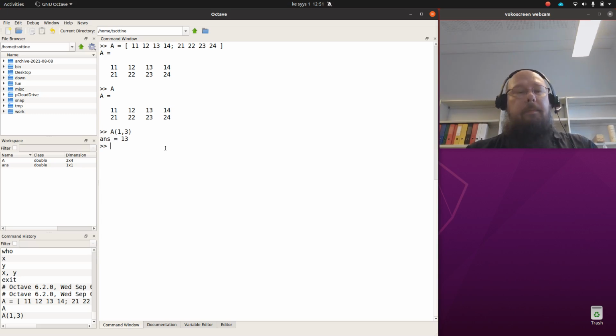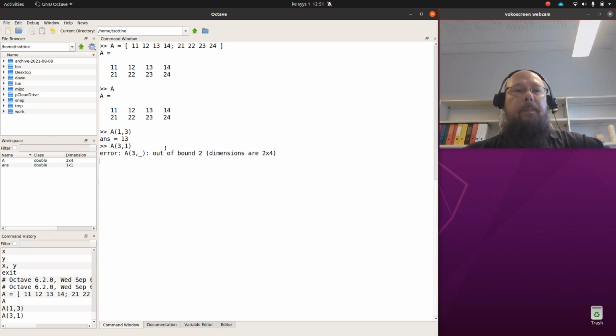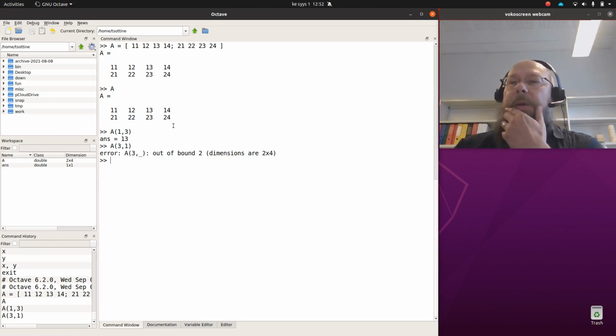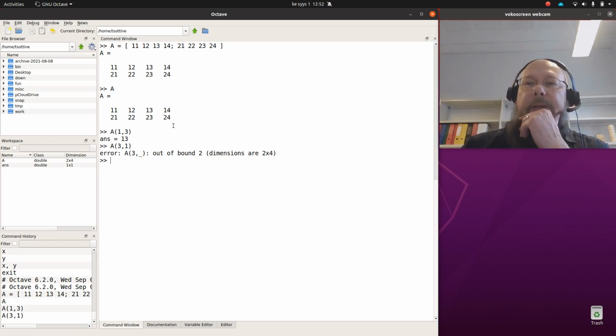Okay. Then we can ask, for example, for the third row and first element. What do we get? Okay, we get an error, obviously, because we are asking for a third row. This is the first row, second row, and a third row would be here if it existed, but of course it does not exist.